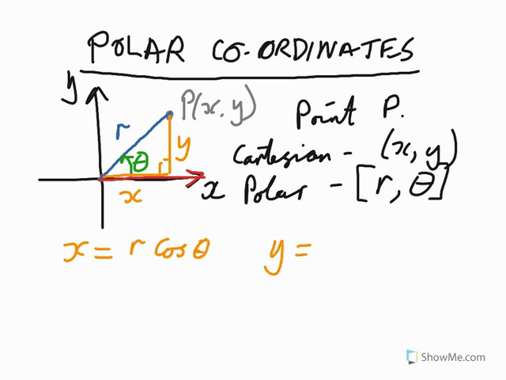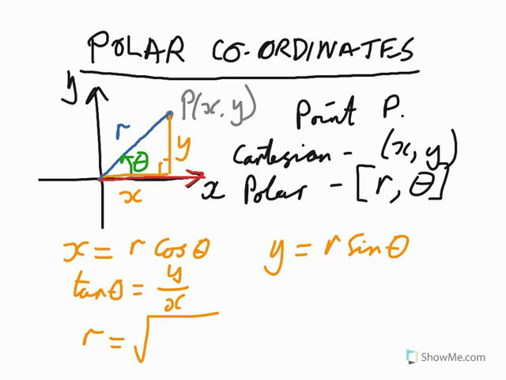The y value would be r sin theta. Also tan of theta, opposite over adjacent, would be y over x. And then with Pythagoras, we get r as the square root of x squared plus y squared. Alright, so those four things help us connect and relate our polar coordinate system back to our Cartesian coordinate system that we were already familiar with.